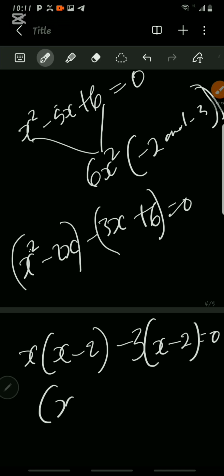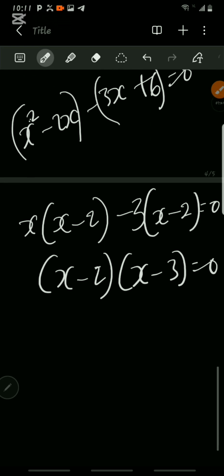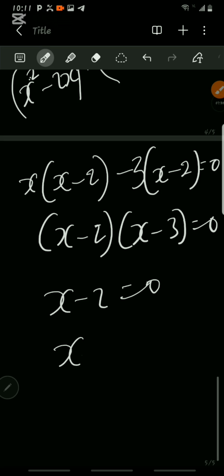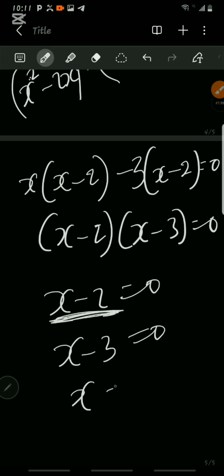So I have that x minus 2 and then x minus 3 equals 0. What it means is that it is either x minus 2 equals 0 or x minus 3 equals 0. So from the first equation, I have that x will be equal to plus 2, right? And then the second one, I can have that x will be equal to plus 3, right?